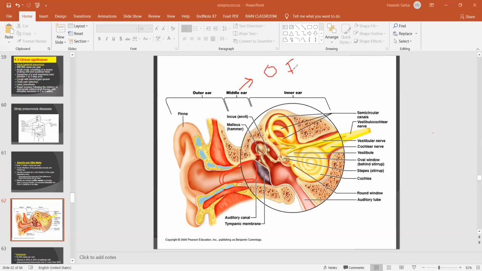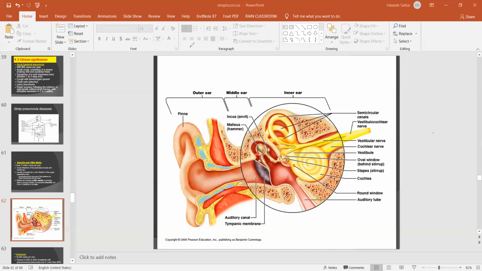Both infections can cause pus formation, as well as loss of hearing, which is very common. The patient will have no sound in the involved ear; the patient will not be able to hear any sound.